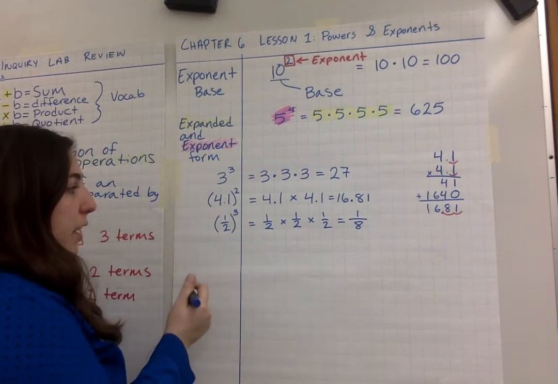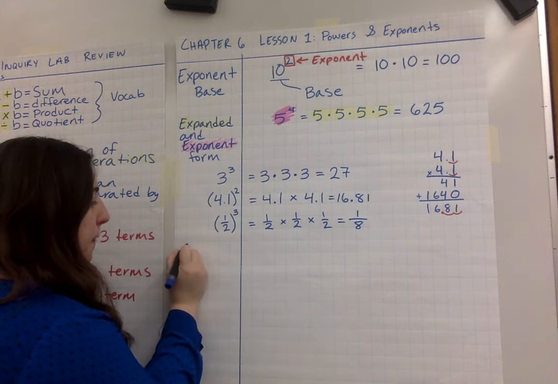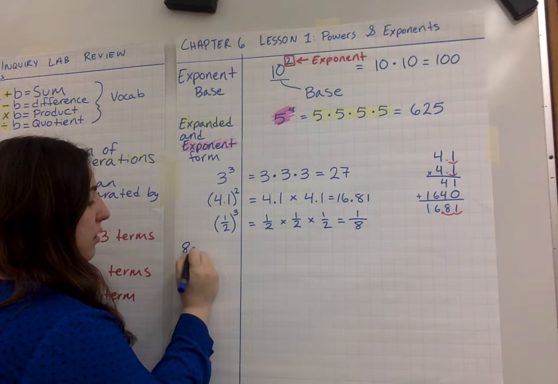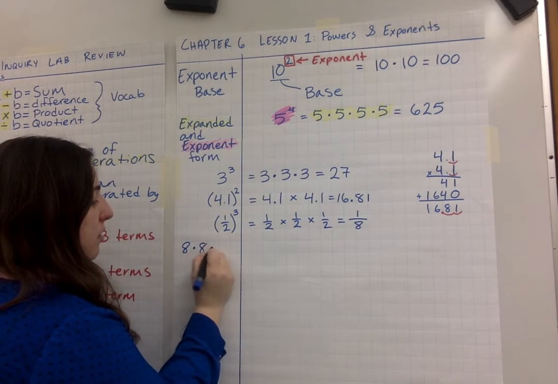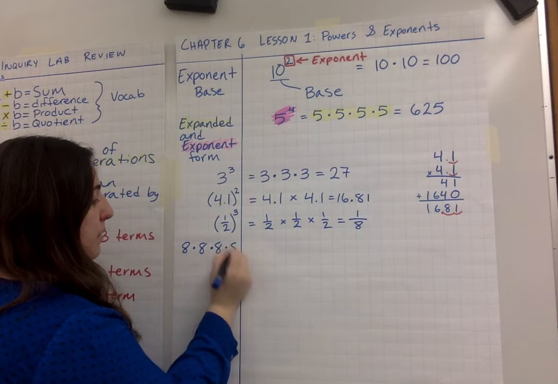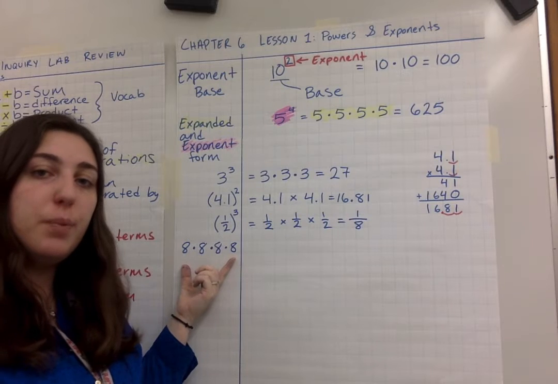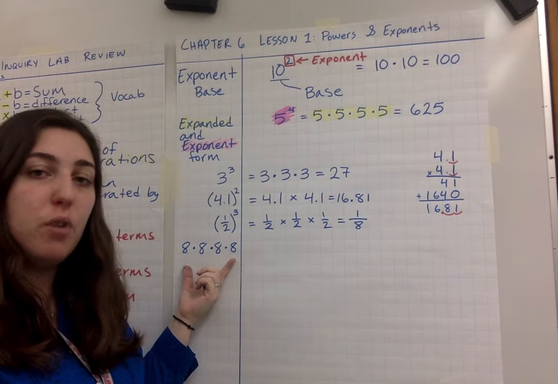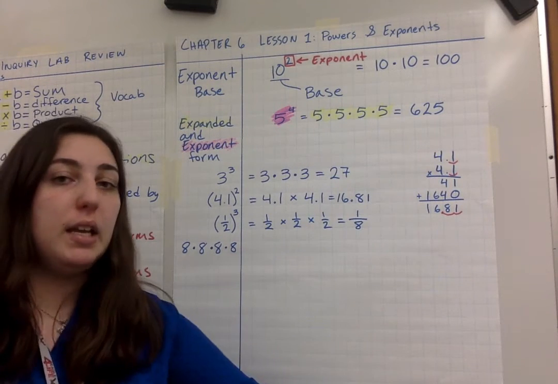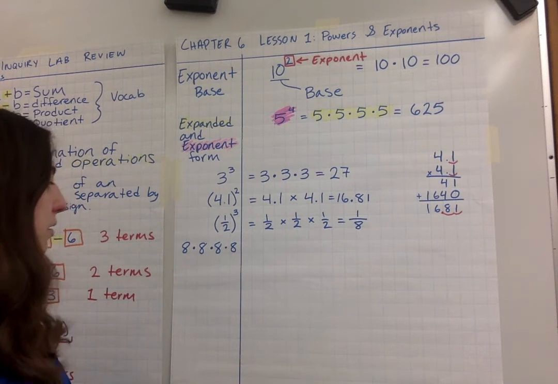If you are given 8 times 8 times 8 times 8, okay, so if you're given expanded form, you need to put it back into exponent form. Just count how many 8s you have.